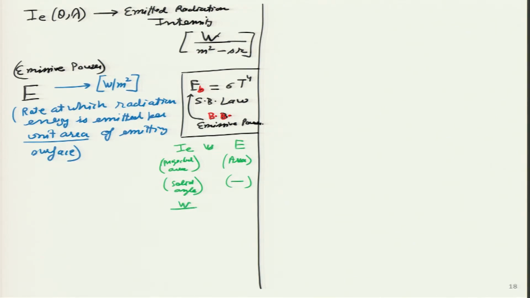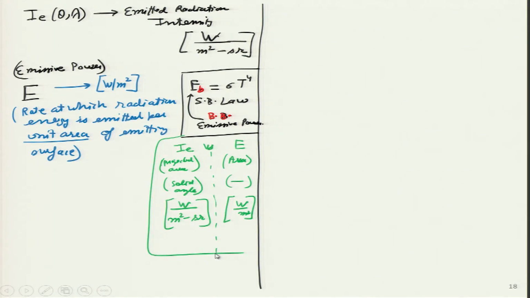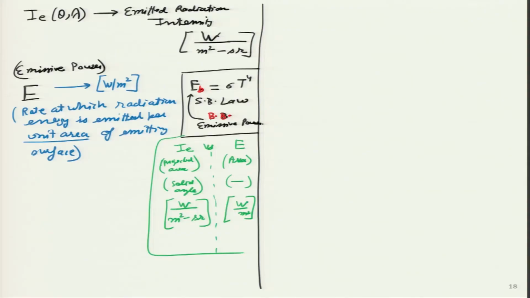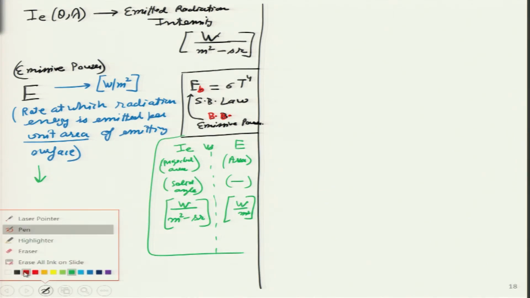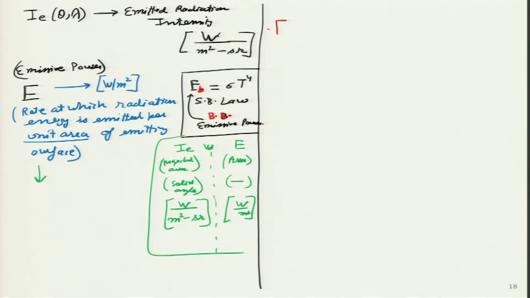So, the units here turn out to be watts per meter square per steradian, and there the units are watts per meter square. I will put a dot in between. So, here I am just comparing I e versus capital E, and what I am going to do now is come up with the relationship between them, which we can get just from this particular definition over here. So, what I am going to do is write the expression for dE.